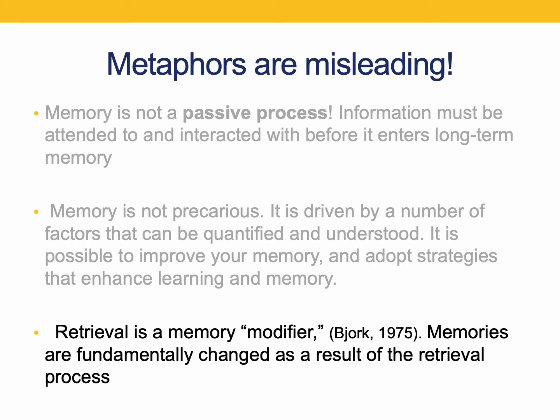Retrieval is a memory modifier in the sense that information that we try to access from our long-term memory is going to be strengthened, in the sense that it's easier for us to recall that information later on. However, the perils of memory is that information that is related to the information that we practice retrieving is going to become less accessible.